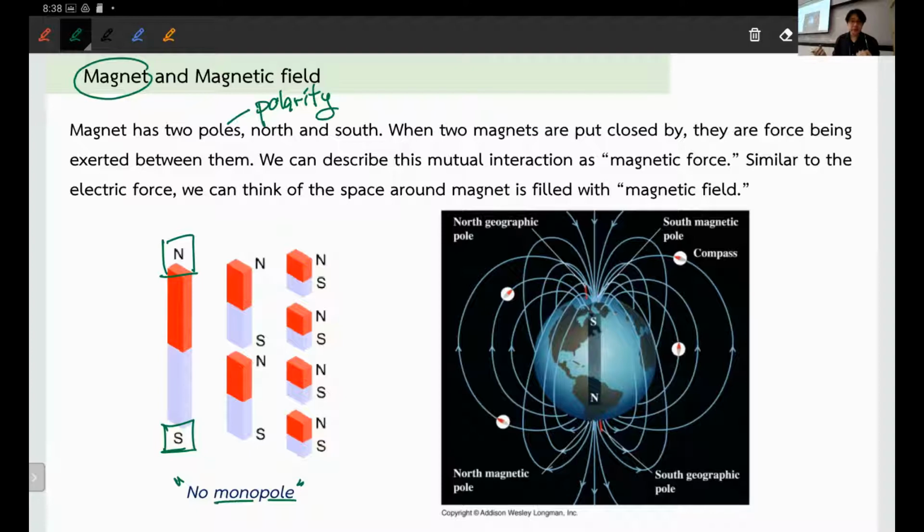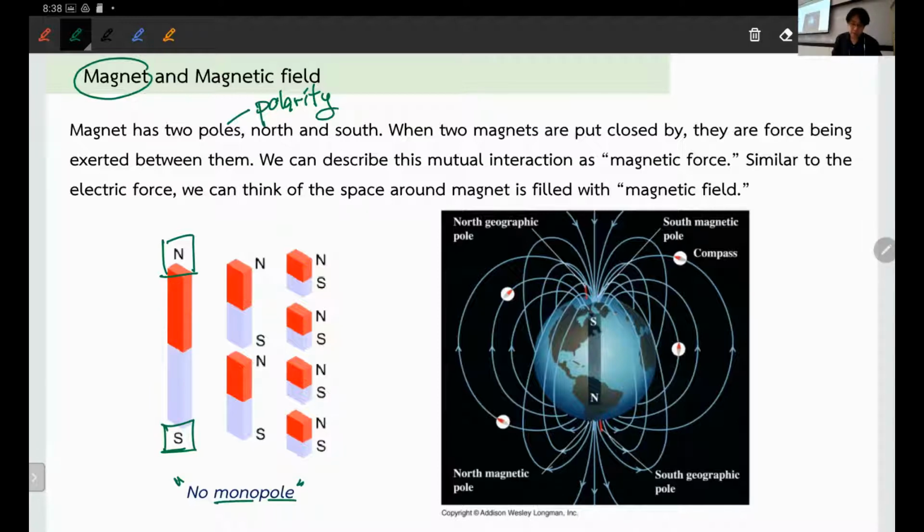You have negative charge, like electrons. You can have just a single charge with a single polarity, positive or negative, you can pick. But in the magnet and the magnetic business, you cannot. Whenever you grab the south pole of a magnet, the north will always follow with it. So that means it always comes in a pair.